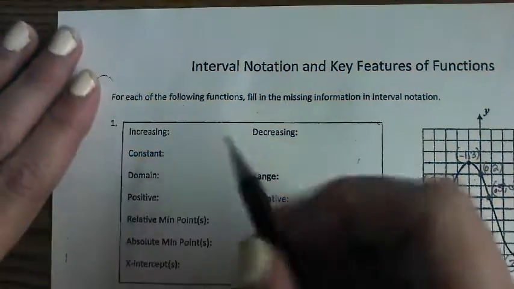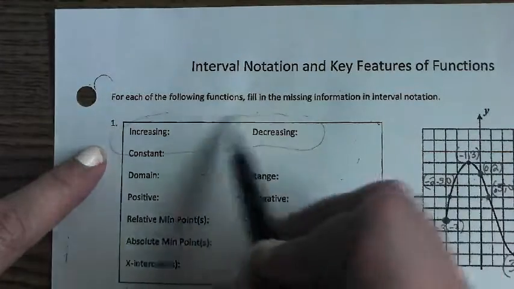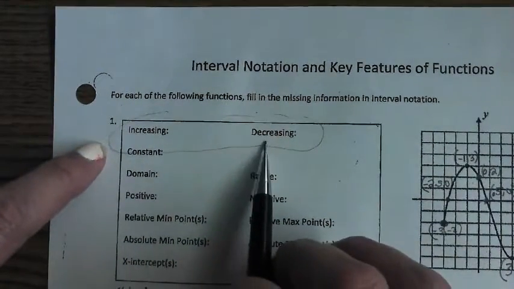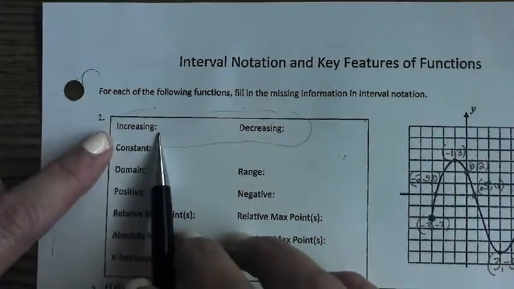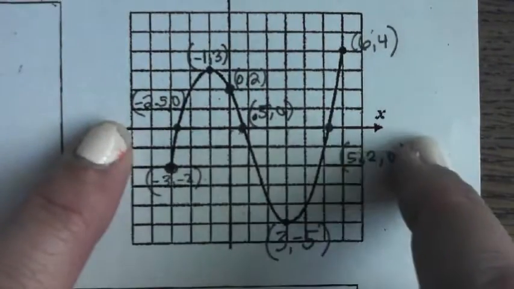Now, I've sort of organized this: increasing, decreasing, and constant. Those are all words that are talking about the slope, okay? When is the slope increasing? From when to when? Now, whenever you're doing interval notation, you look at just your x-axis.